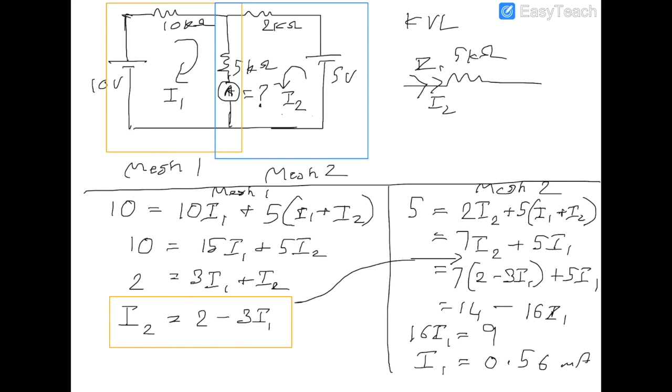So this is my I1. So if I went back and substituted the value of I1 here, I would get my I2 is 2 times 2 volts minus 3 times, I'm doing it in my calculator right now, I would get 0.32 milliamperes.